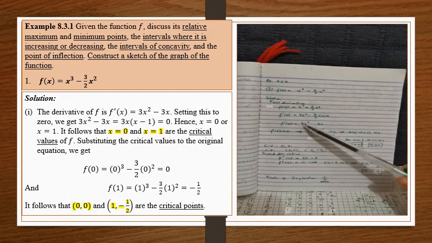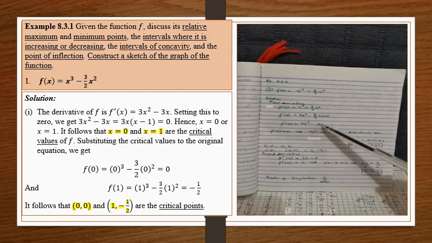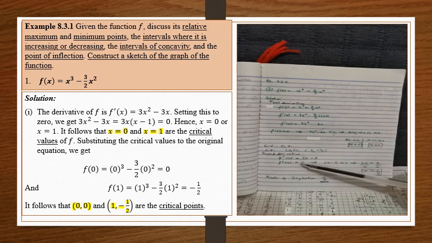Ang second derivative nito is 3 times 2 is magiging 6. And then 2 minus 1 is 1 na lang. So we have 6x minus, sa second term, ang derivative ni 3x is 3. So ito yung second derivative niya. The same process pa rin. Sa pagkuha ng critical values, equate natin sa 0 sa second derivative. And then, we have 6x minus 3 is equal to 0.